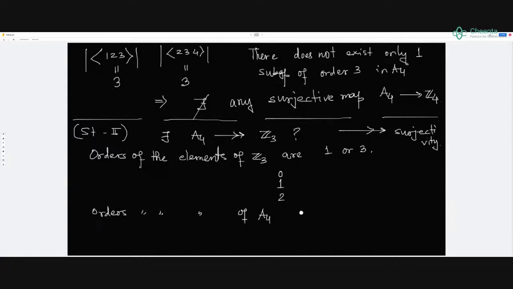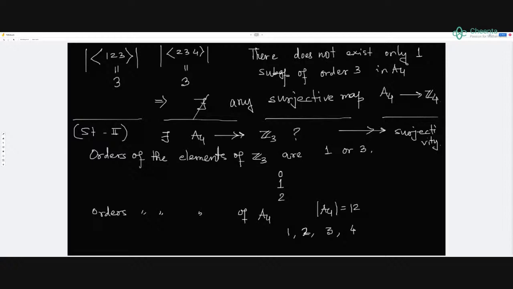A4 is of order 12. That means the orders are 1, 2, 3, 4. Okay. So these are the orders that an element might have in A4.